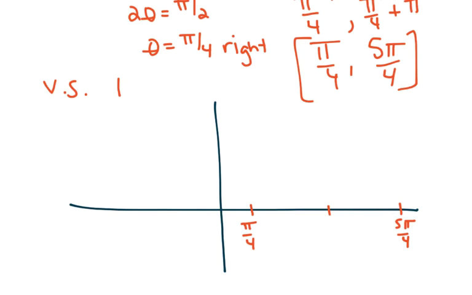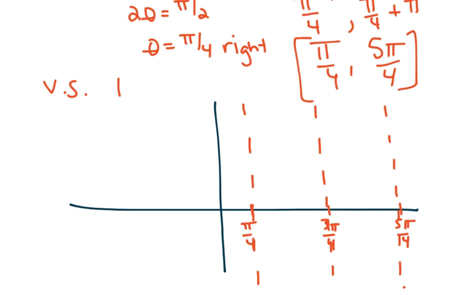So 1/4 plus 5/4 is 6/4, which is 3/2, and 3/2 divided by 2 is 3 pi over 4. So now I'm going to put my asymptotes here. All right, that's where I'm going to graph my one period.